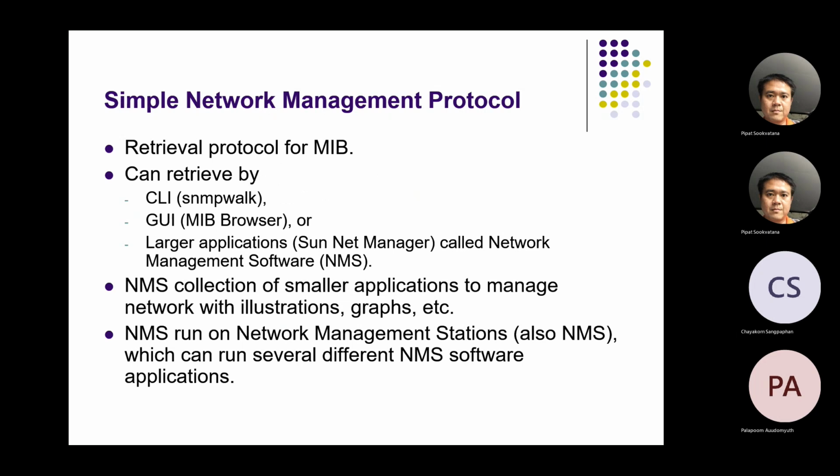And with this one, every one that says they support SNMP version 1, version 2, or version 3, they're going to use this standard. That means they can talk to each other, even though they come from different companies, because they have to follow the standard.